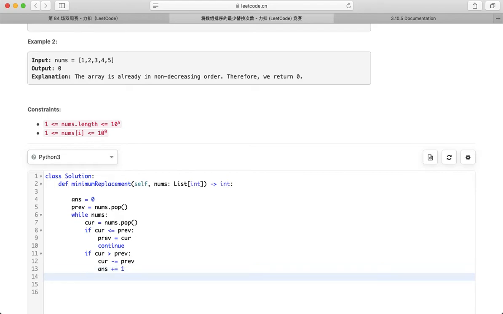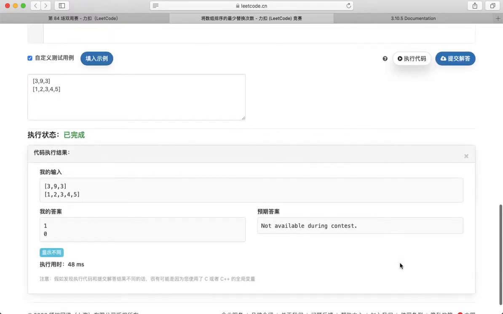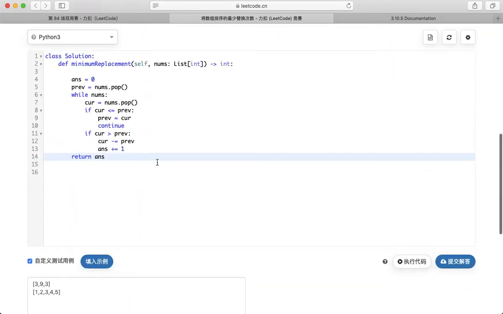That seems to be, well, is it really that simple? Probably not. Okay, and we don't want to pop when we're not done.